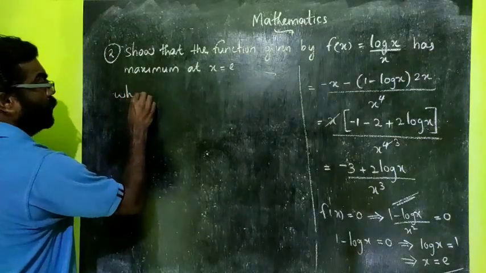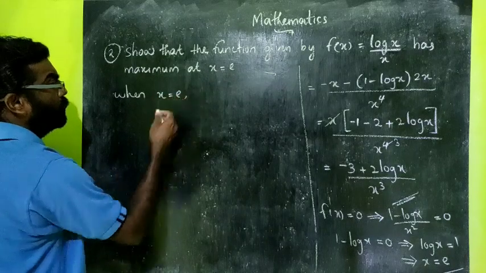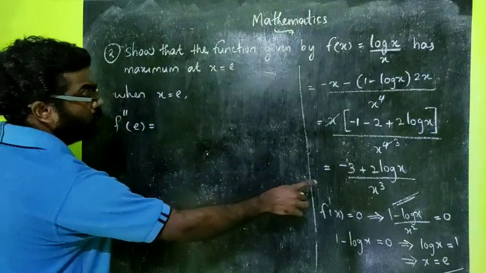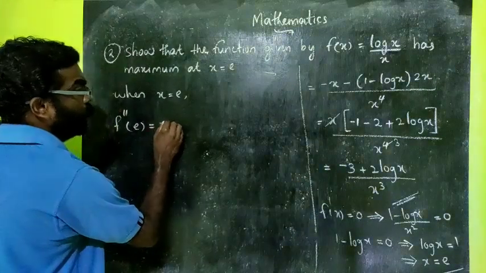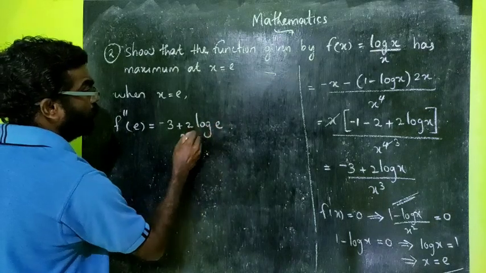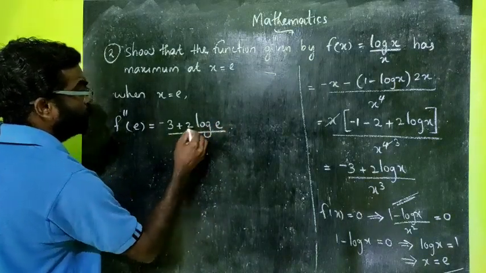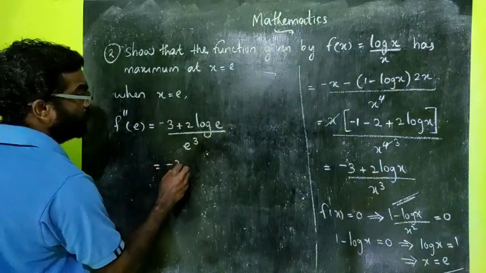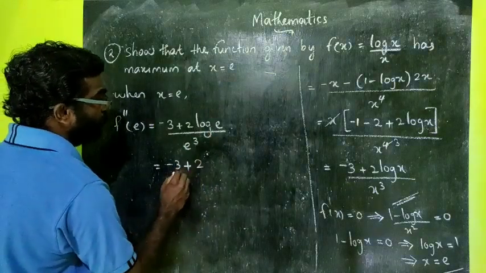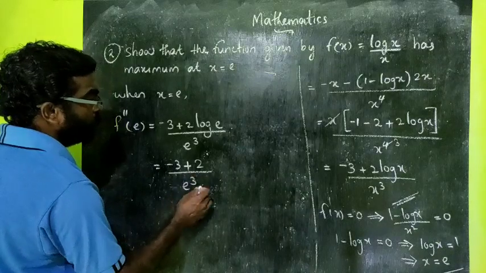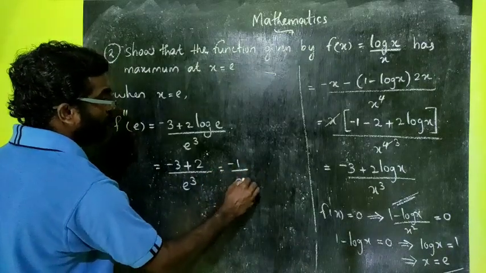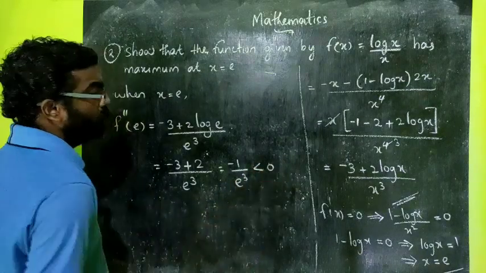So when x is equal to e, f double dash of e is equal to, here we can replace x by e, minus 3 plus 2 log e divided by e cube, that is minus 3 plus, log e is 1, so plus 2, divided by e cube, or we can write minus 1 divided by e cube, which is less than 0.